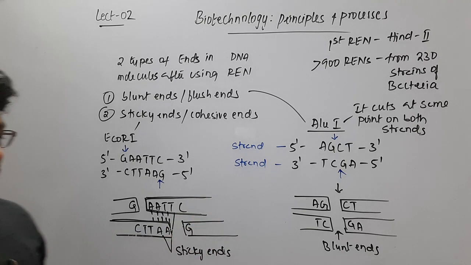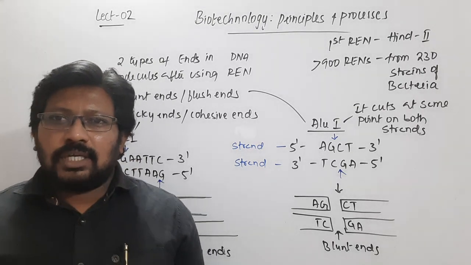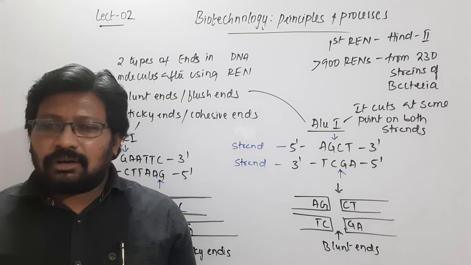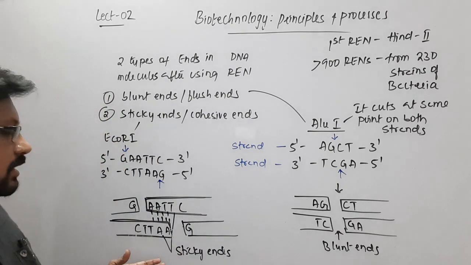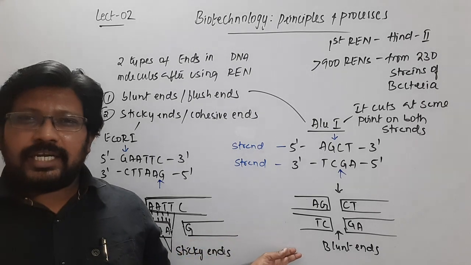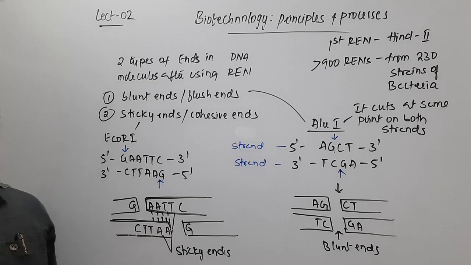So it's our choice while making recombinant DNA. What kind of restriction endonuclease you want, whether you want the sticky ends or the blunt ends. Mostly we go with these sticky ends.